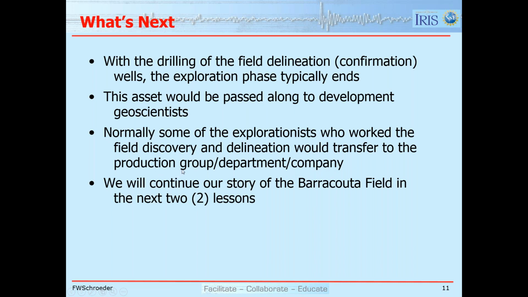ExxonMobil has an exploration company, a development company, and a production company. A smaller company might have departments, one exploration department, another field development department. So let's continue our story with Barracuda field, and that's what we'll do with the rest of this lecture.